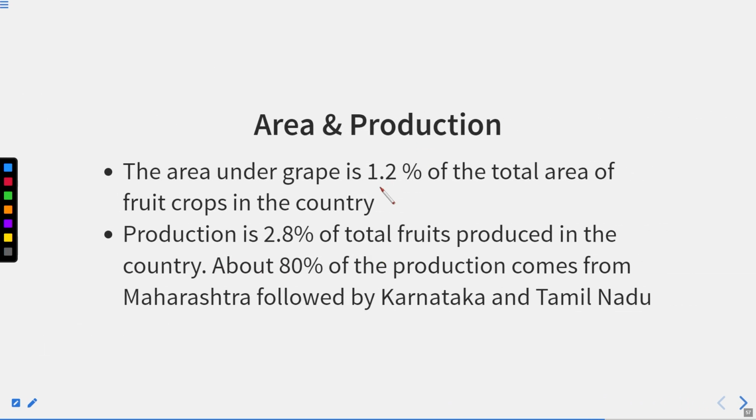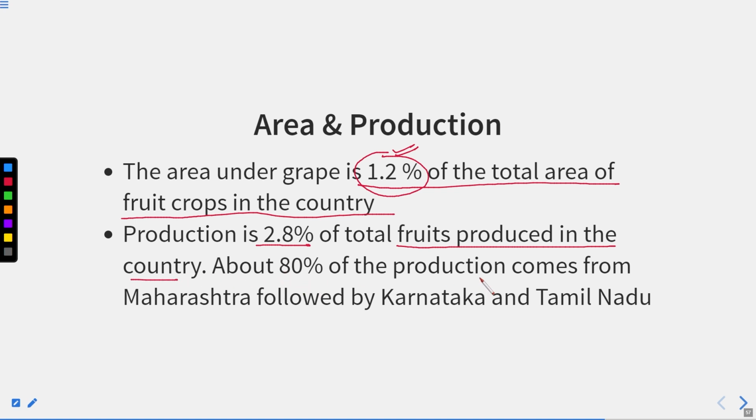The area under grape is 1.2% of the total area of fruit crops in the country. Of the total area used for growing fruit crops in our country, 1.2% is used for the cultivation of grapes. And production is 2.8% of the total fruit produced in the country.